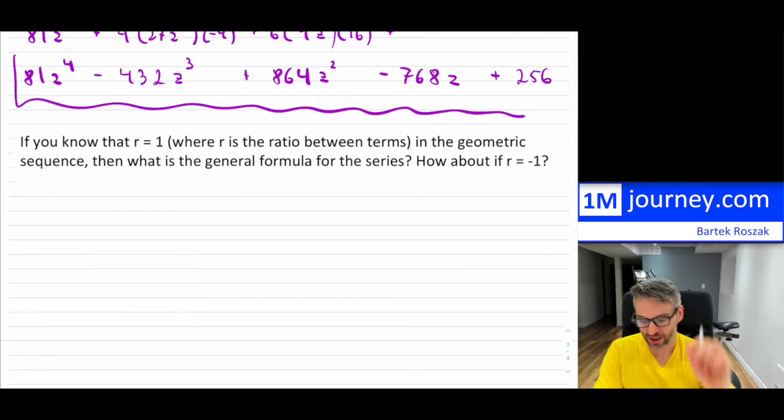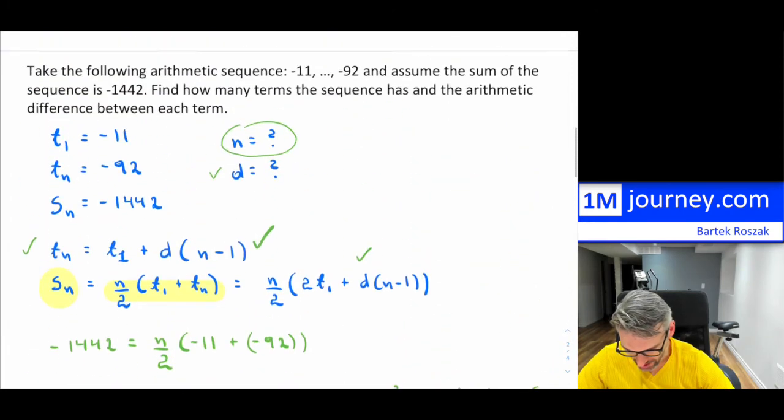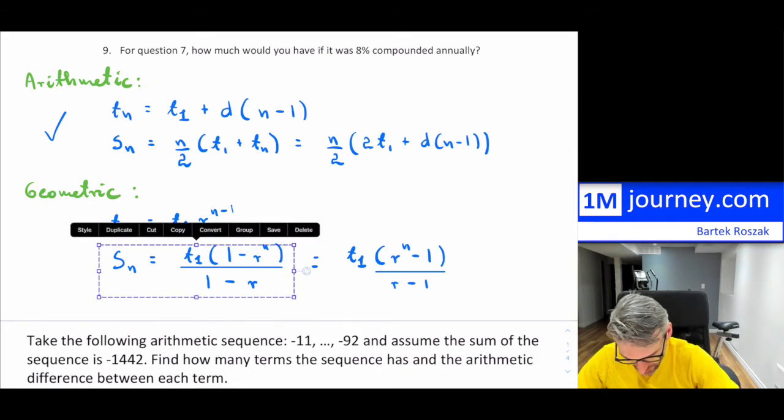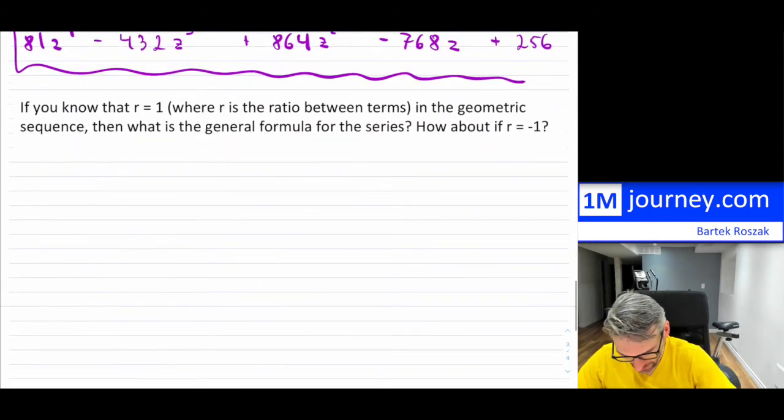Okay. So this is actually sometimes a common question, because if I go back to the geometric series here, so copy, paste it.